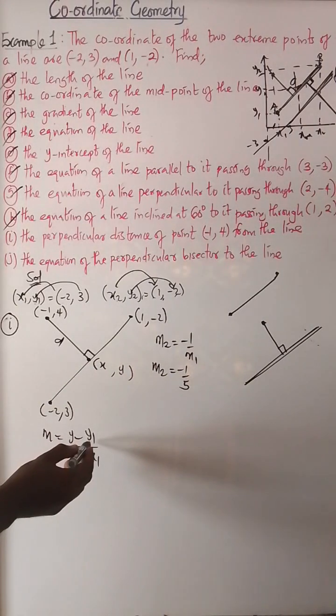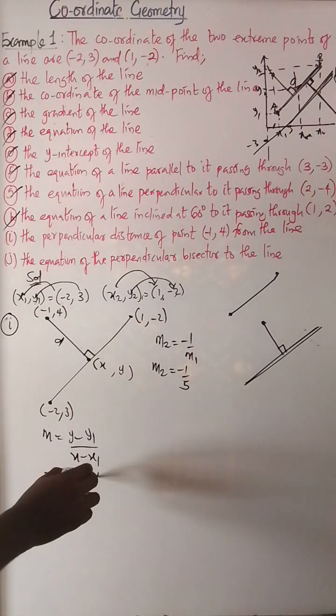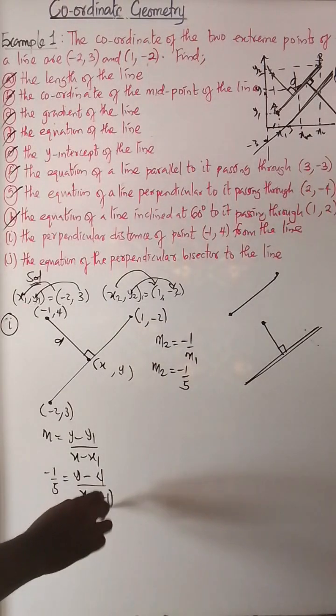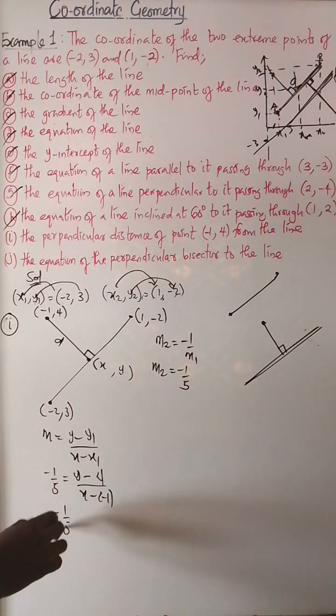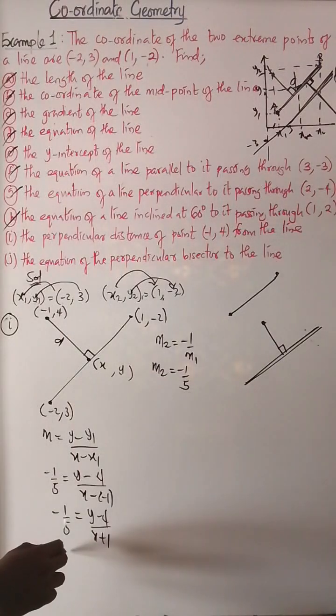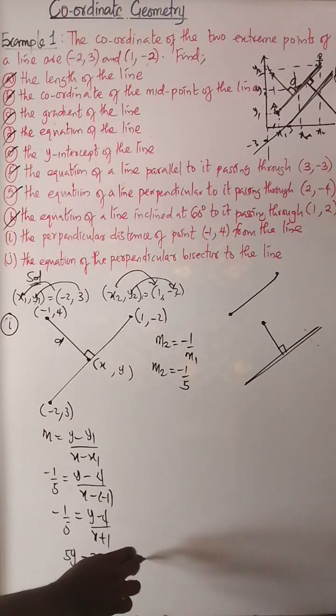So what is our x1? Our x1 is -1. Sorry, y1 is 4 over x minus, what's x1 here? -1. So when we have -1 over 5 equals y minus 4 over x plus 1. From here, you can just cross multiply, they will have what? 5y minus 20 equals minus x minus 1.